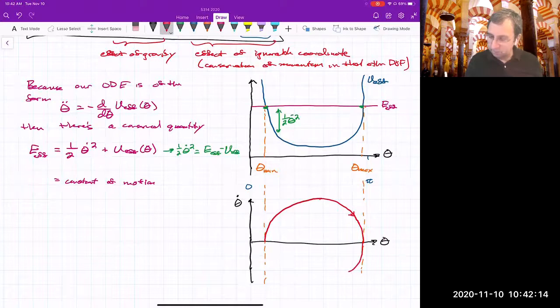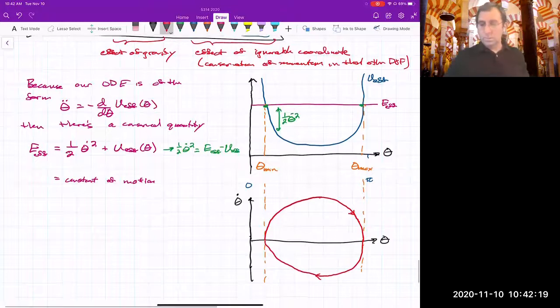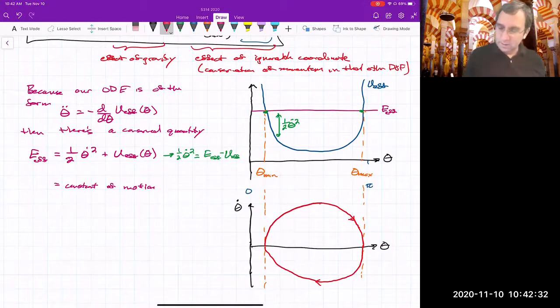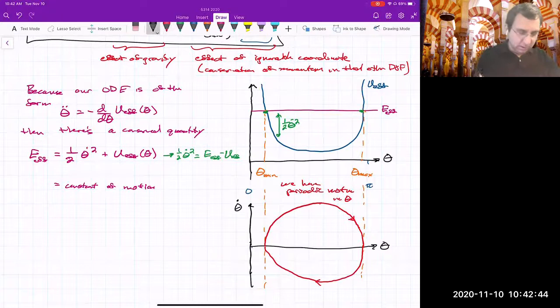And the bottom half will be just the mirror image. So in the theta direction, we will have periodic motion. This has to be periodic. It can't change its speed along the way. So we have periodic motion in theta. It's unavoidable.